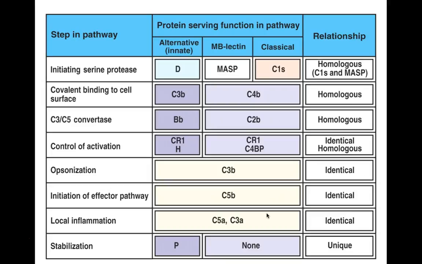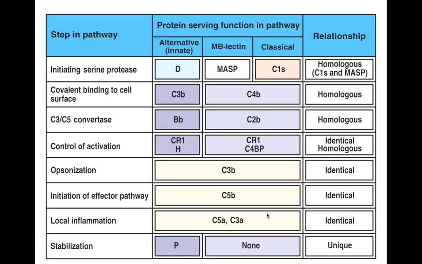So here we have a chart that's comparing the various different types of proteins and their functions in the alternative, the MBL, and the classical complement pathways. For initiating serine proteases, factor D is going to function that way. For MBL, it's going to be MASP, and for the classical pathway, it's C1s.